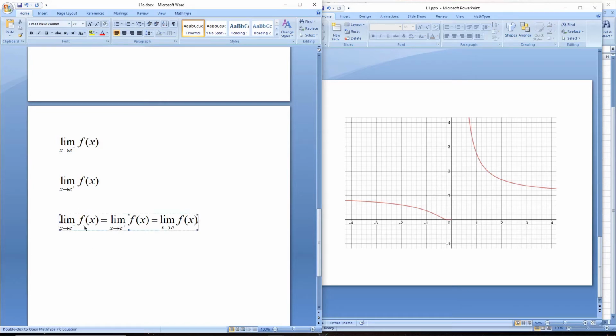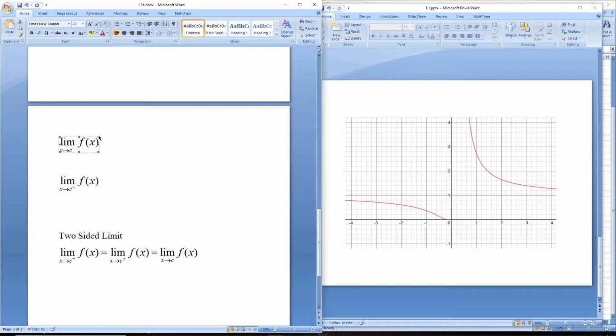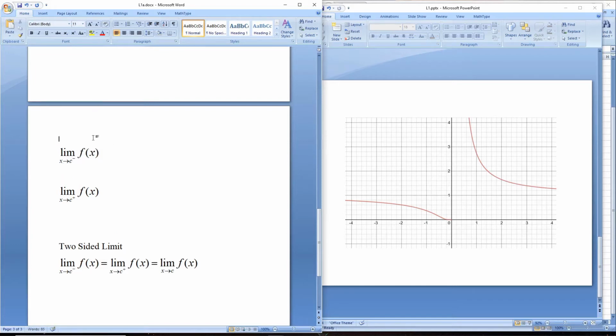If the left limit equals the right-sided limit, then this equals this limit statement, where notice the c no longer has a plus or minus sign. When there is no plus or minus sign, this is called the two-sided limit. So what we've been working with are one-sided limits.